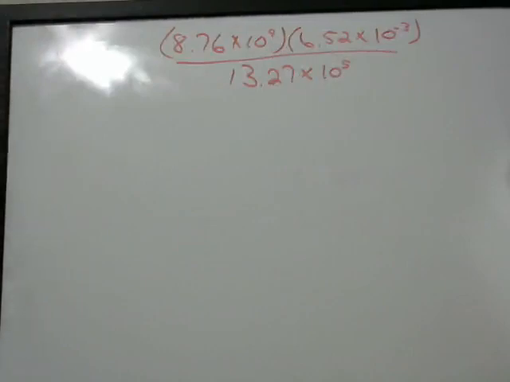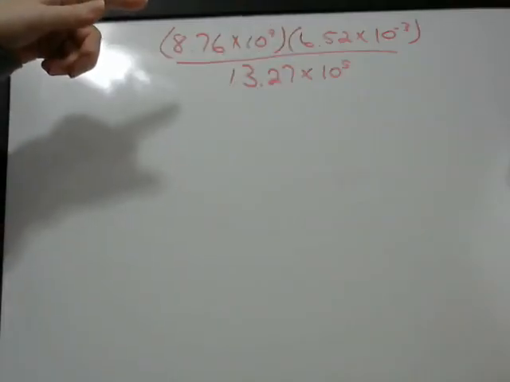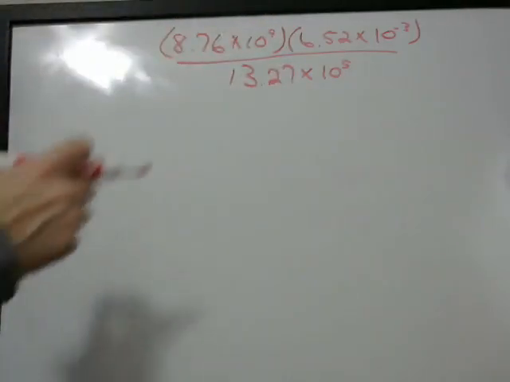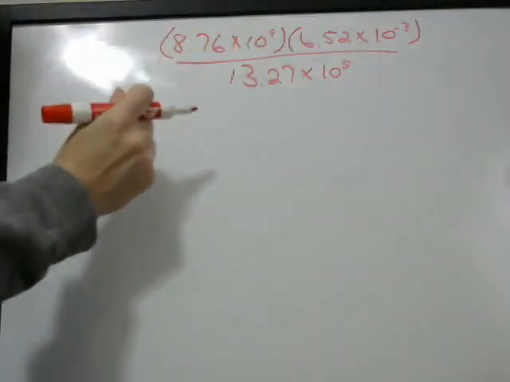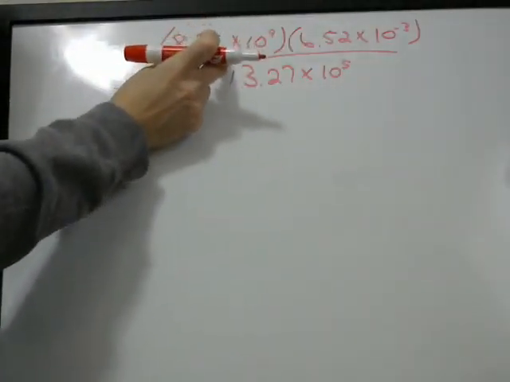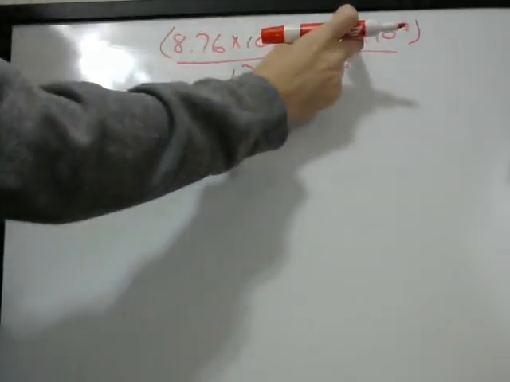The way that we do this is, we still follow the order of operations, so we're going to do multiplication first. To do an operation in scientific notation, if you're multiplying numbers, all you're going to do is take the base number, your normal decimal number that we're used to seeing.